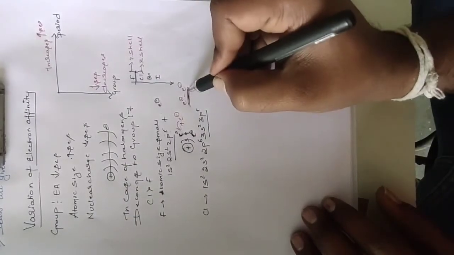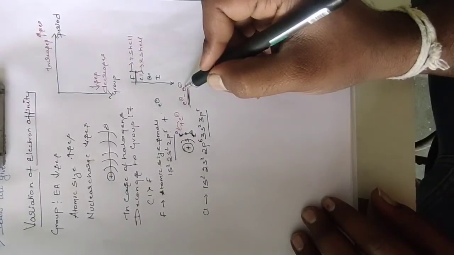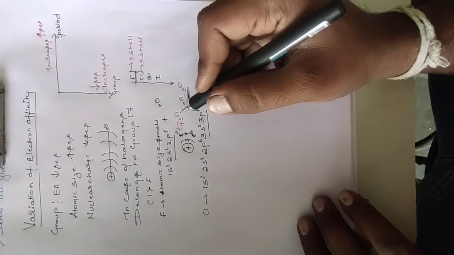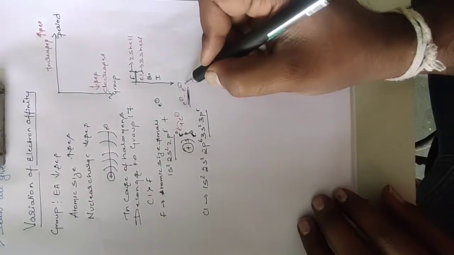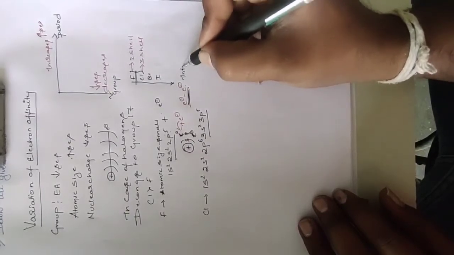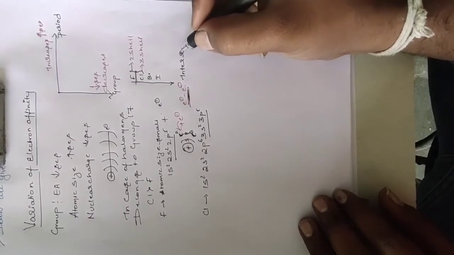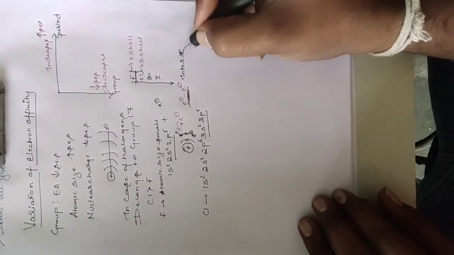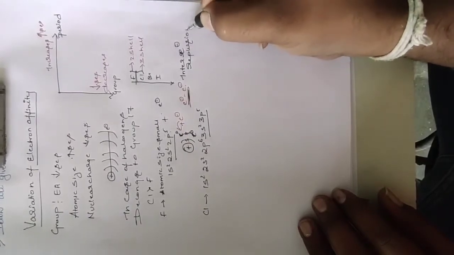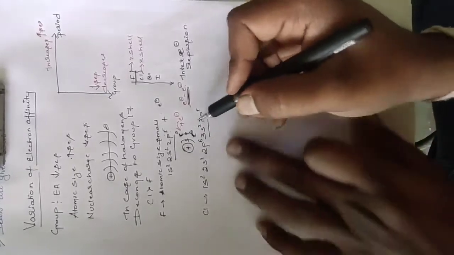These repulsions in F, the electron repulsions, are more in the p orbital, and we call them inter-electron repulsions, or inter-repulsions of electrons.